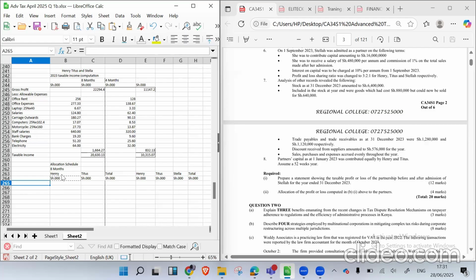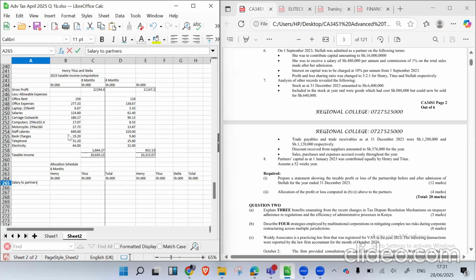So we start by giving them their salary to partners. So remember we said that I think we did that previously, that there should be no transaction between the business and the partners. That's why salary to partners we haven't put anywhere up here, but now this is where they belong.